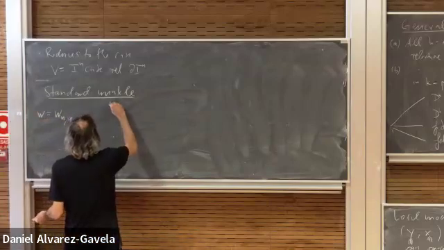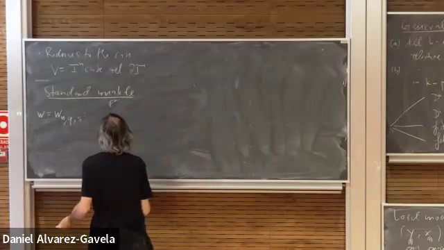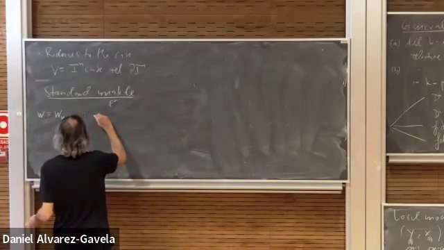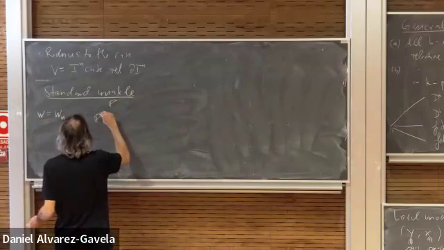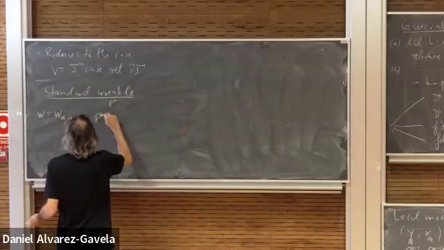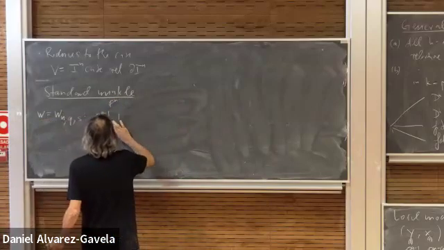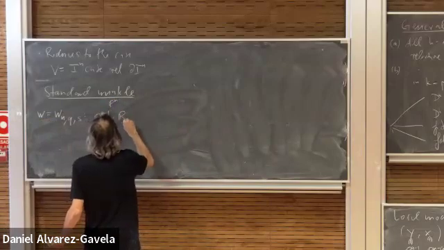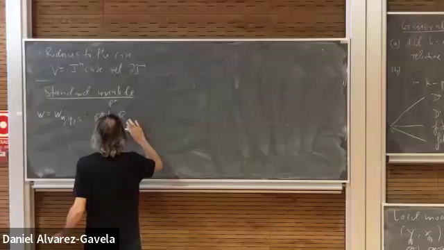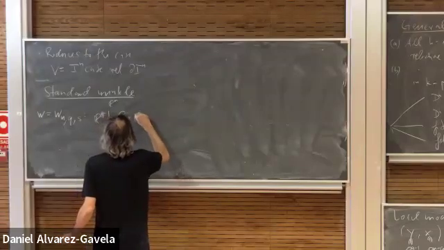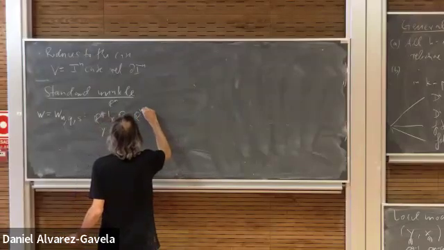So we have a map from R^n to R^q, but I will split R^n as R^(q-1). This will be my coordinate y. R, this will be coordinate z, and x will be R^(n-q).